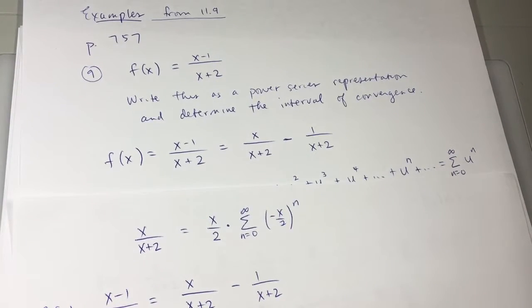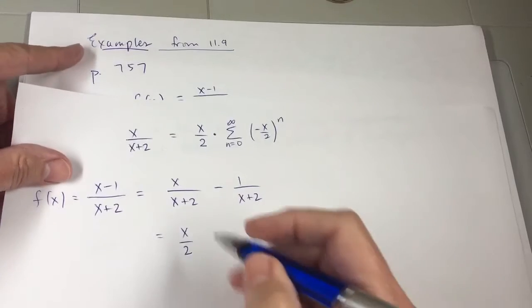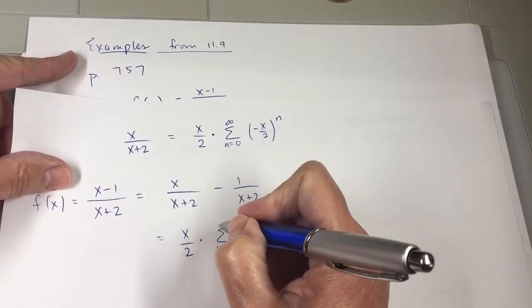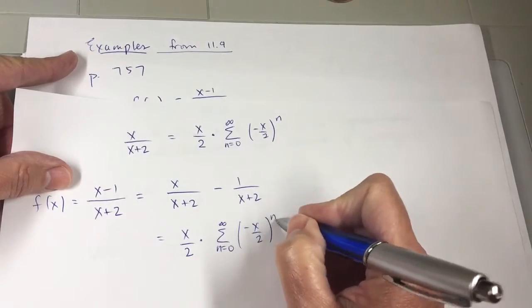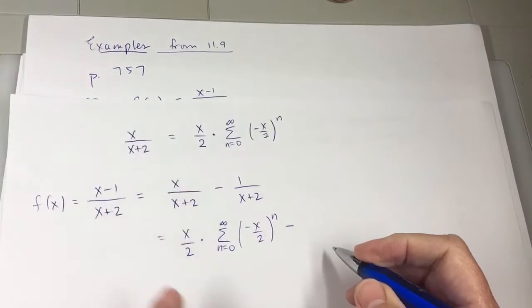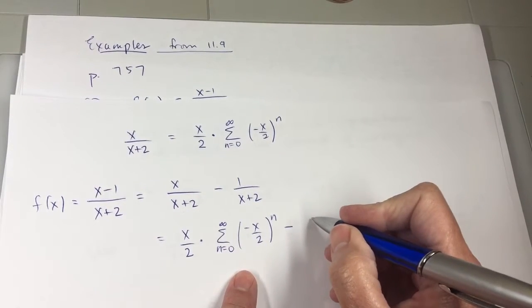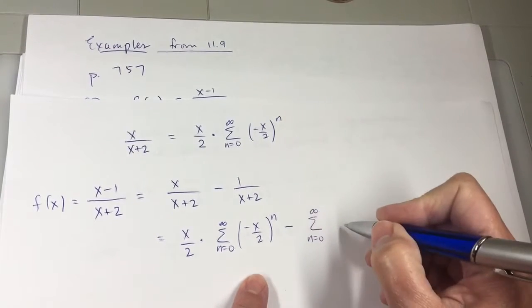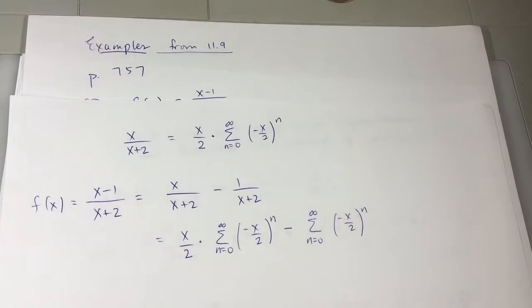And we found that this first fraction is x over 2 times the sum, as n goes from 0 to infinity, of negative x over 2 to the n. Well, the second fraction is this sum as well, minus the sum, as n goes from 0 to infinity, of negative x over 2 to the n.